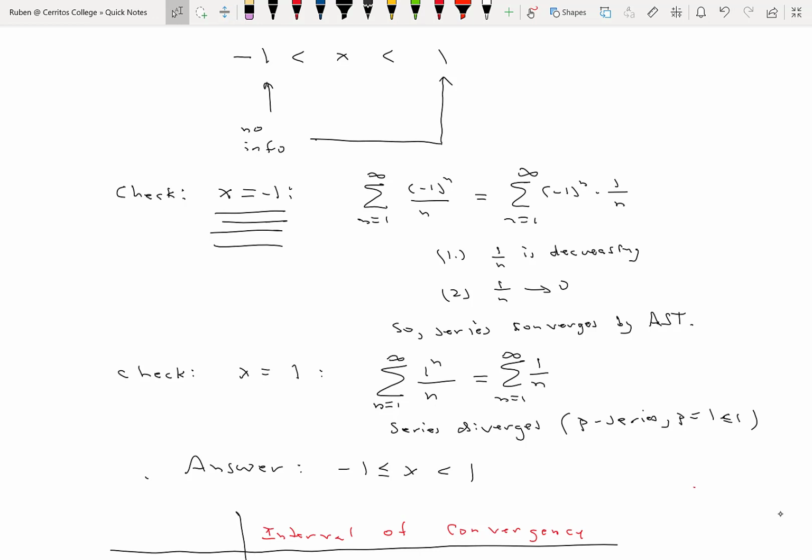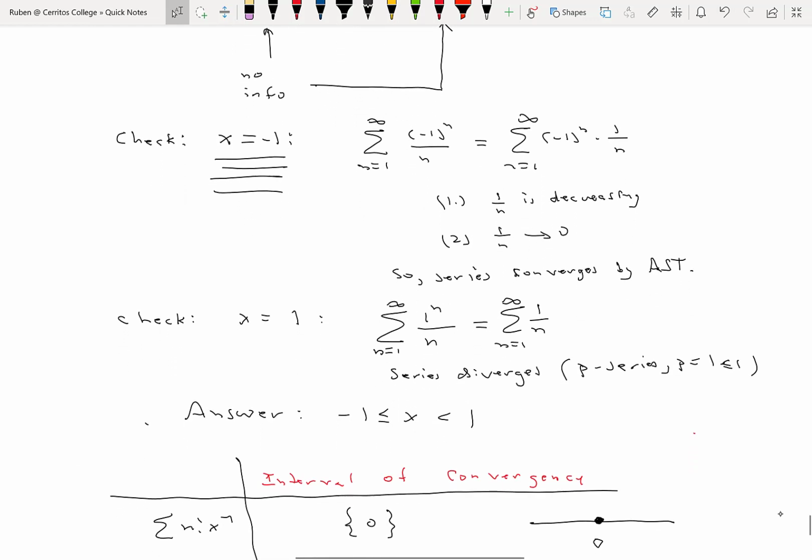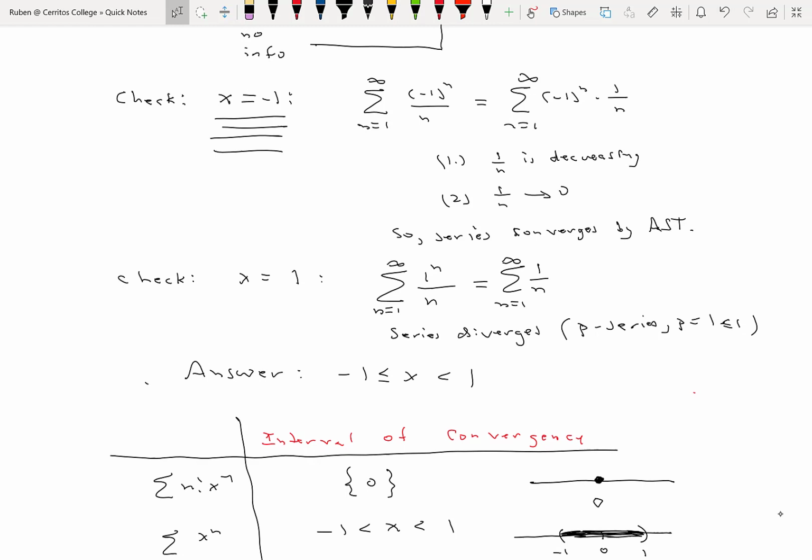Okay, so I want to look at that fact. This is a very important fact. The original series that we looked at in this example was n factorial x to the n. It converged only at 0, and I graphed it on the x-axis. That's a tiny interval centered about x equals 0. It has only one point. The next series, x to the n, converged in an open interval about x equals 0, not including the endpoints.